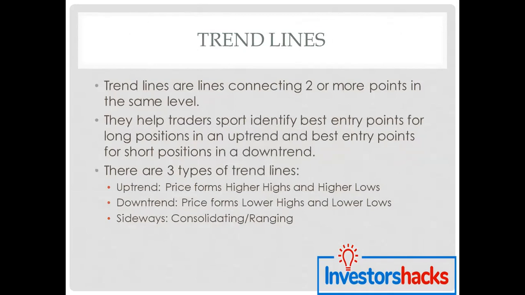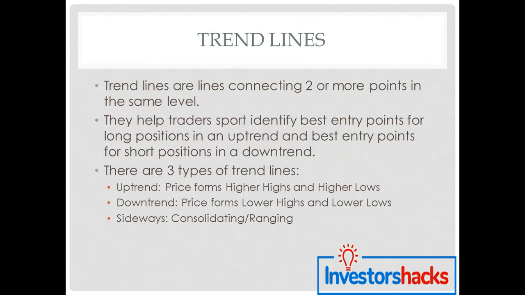Okay, let's look at trend lines. This is another key concept that you need to understand. Trend lines are lines connecting two or more points at the same level. They help traders identify the best entry points for long positions in an uptrend and the best entry points for short positions in a downtrend.